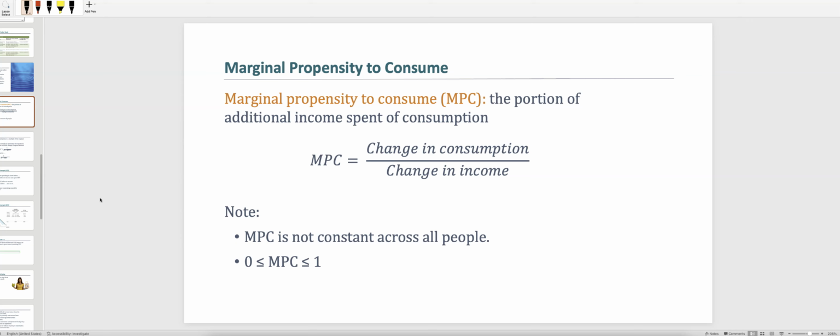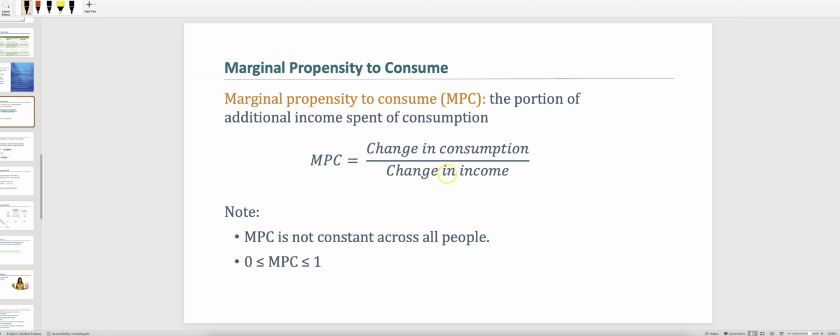And so what we need to do is find out what that marginal propensity to consume is. That would be how much consumption changes based on, for instance, our change in income. And we typically see that this marginal propensity to consume is about 80%, that people spend about 80% of their total income.